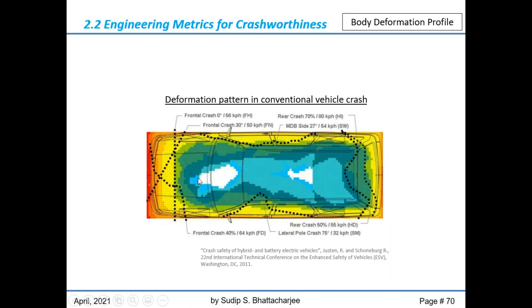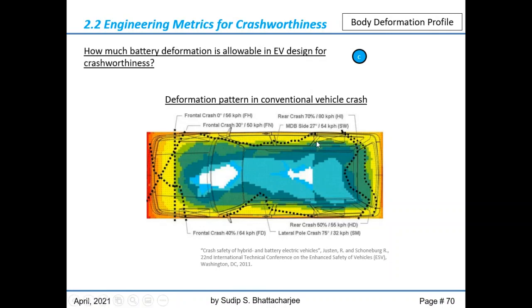The idea is to find an area where you are going to get the least amount of deformation, and package your battery system in that area, which is least exposed to all these impact modes, or least exposed to those crush intrusion zones. That's the idea of this picture.